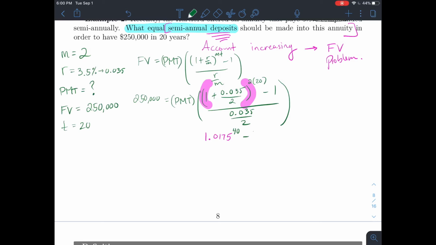And then we're going to do minus 1, divided by 0.0175 in our denominator, and then we're going to have our PMT and then our 250K.